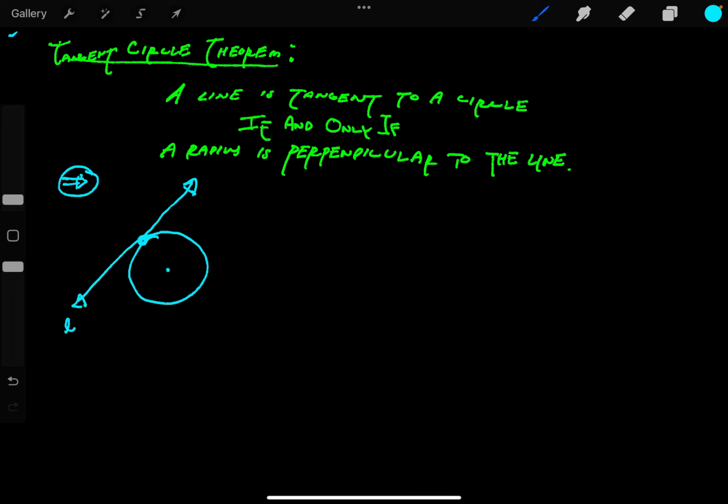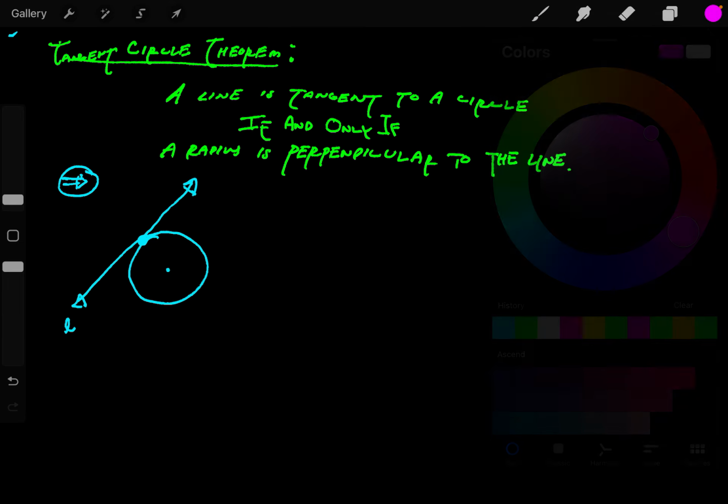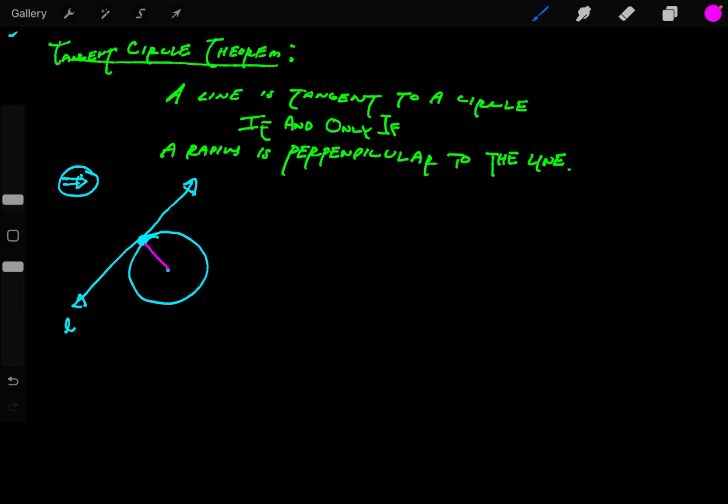What I want to prove is that there's a radius, the radius from the center to the point of tangency, that point right there. I want to prove that it's going to form a right angle with the line, or that it's perpendicular to the line. So the way we do this is we say, well, if I know it's tangent, then I want to show that it's the shortest distance.